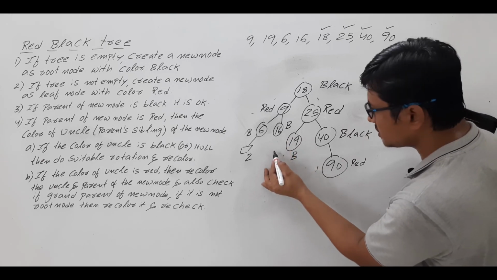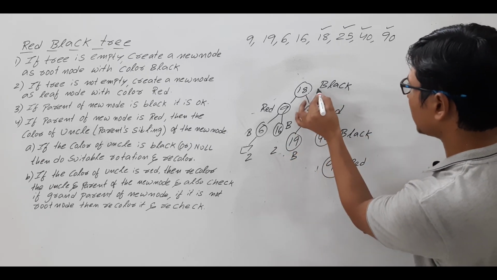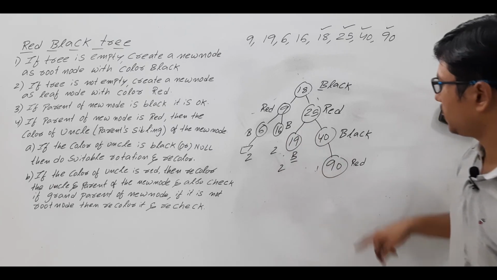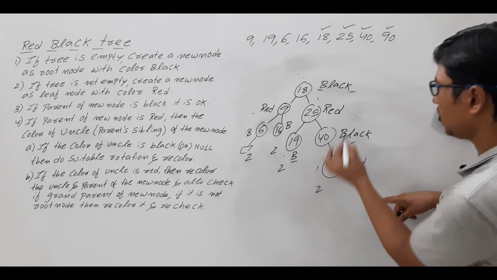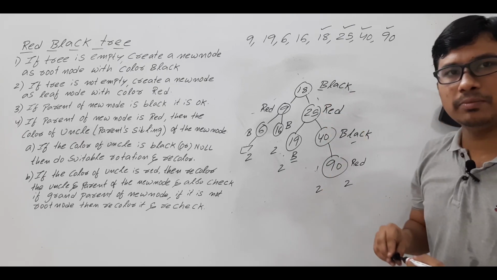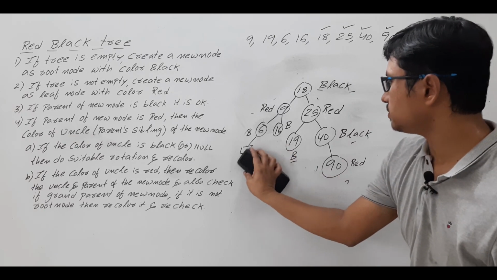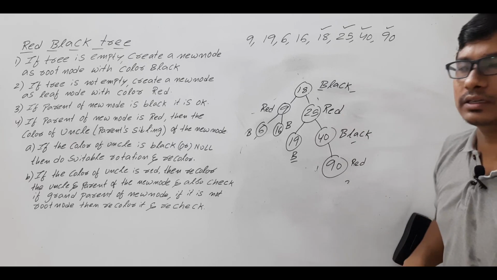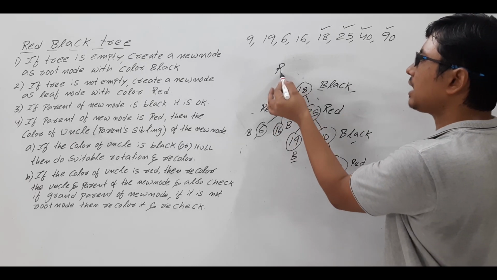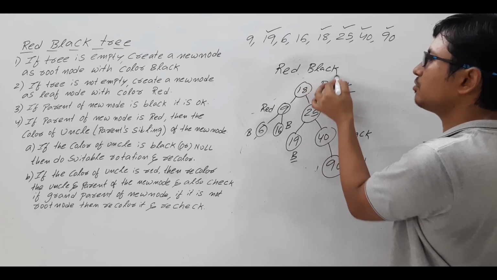If any null node is here, 1 black, 2 black, so 2. If any null node is here, 1, 2, and here also 2. So you are visiting the same number of black nodes, there is no RR conflict, and the root node is black in color. So this is the red black tree after inserting the above elements in sequence order.